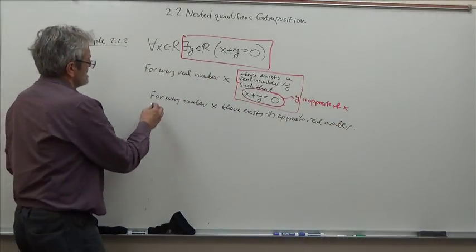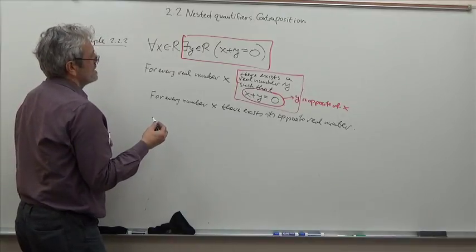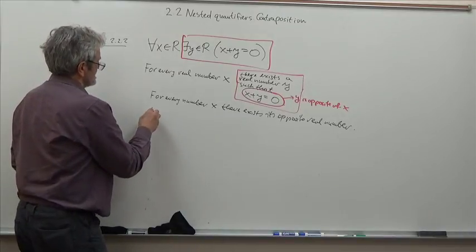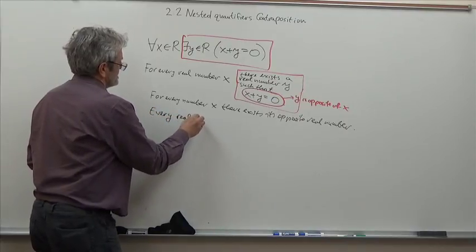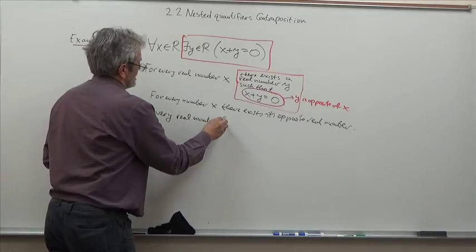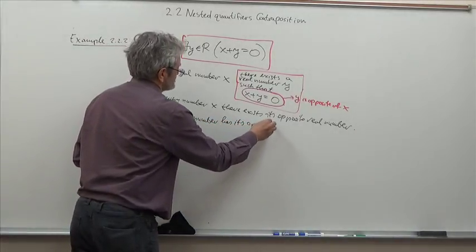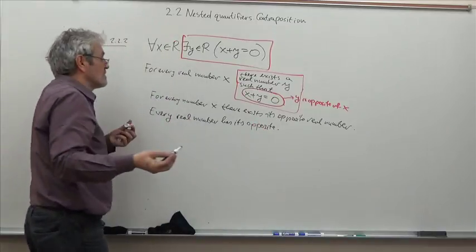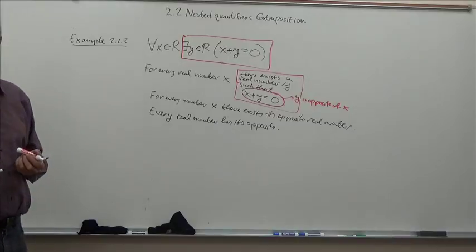Or we can diverge a little more from the original sentence and say every real number has its opposite. Sometimes, if it's clear from the context, we make an even shorter sentence.